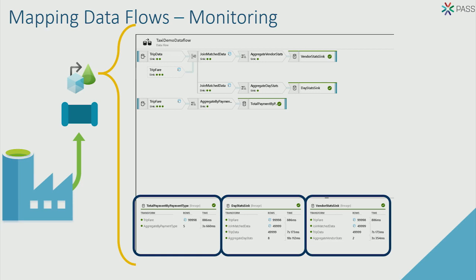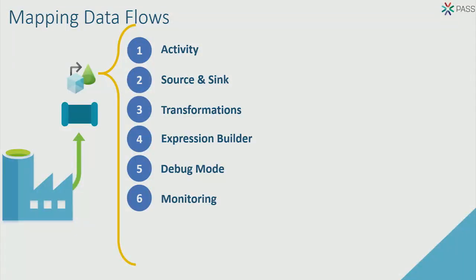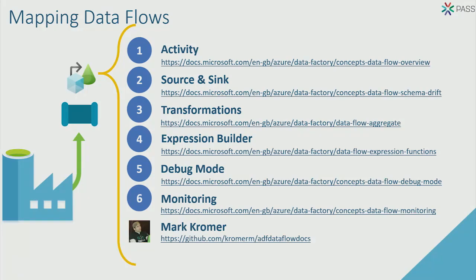Great. So, quick recap: if we said that we had 5 components of our control flow, here are maybe the initial high-level 6 bits of our data flow. And what I've done for you in the slides is add all the Microsoft document links, plus one more for this chap.